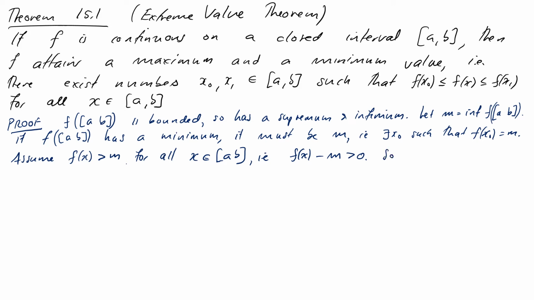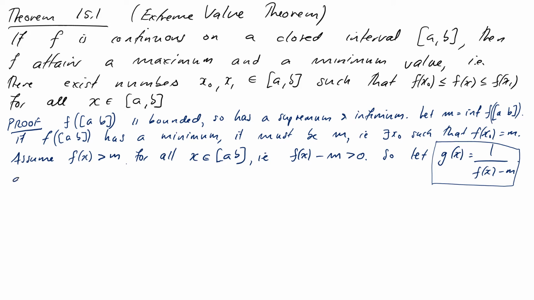So let g of x equal 1 over f of x minus m. Now why would we do that? Well, if we're assuming that f of x minus m is positive everywhere on the interval, then this function is also defined everywhere on the interval, and so it'll be continuous, and it will therefore also be bounded.